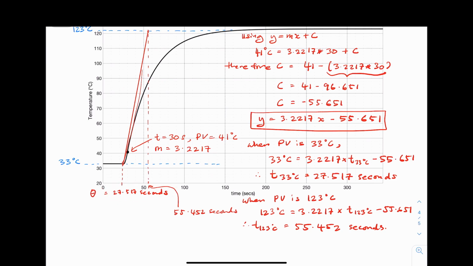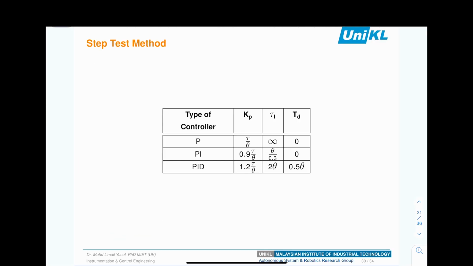Meanwhile, the time constant is given by the deviation between the time delay and the time of intersection between the tangent line and the steady state output. The time constant tau is given by 55.452 seconds minus 27.517, which is equal to 27.935 seconds.